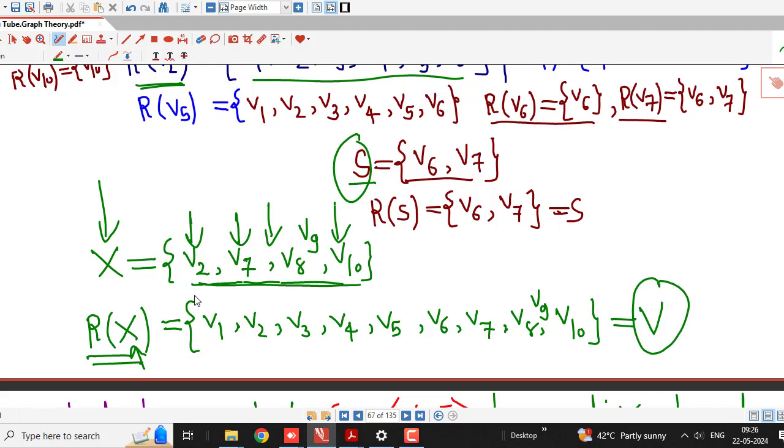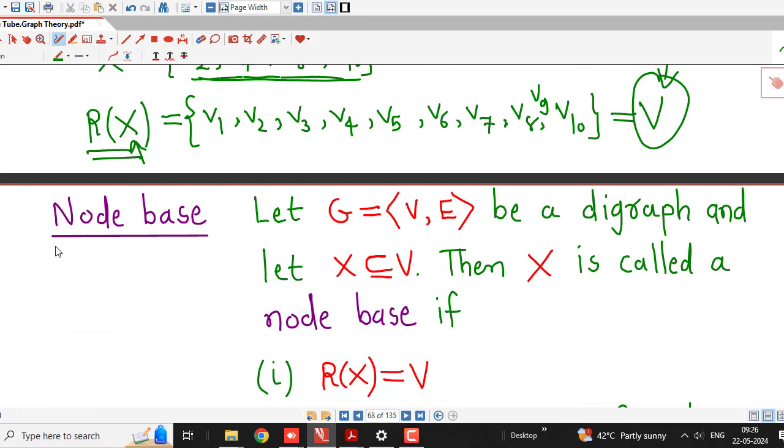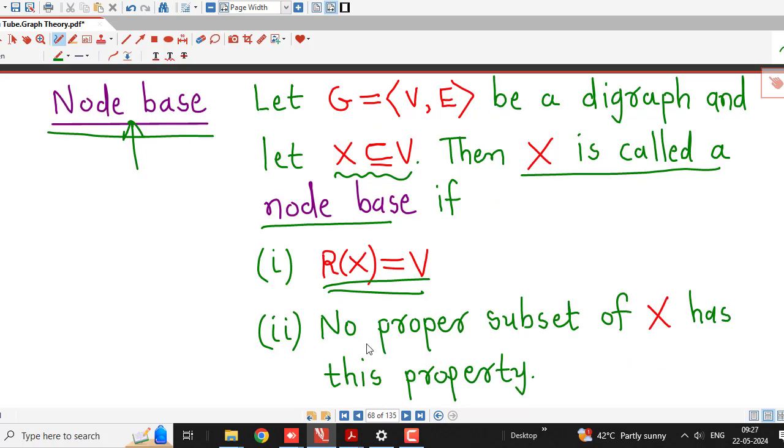So this type of sets whose reachable set is the vertex set of a given graph are given a special name if they satisfy some additional property. That name is node base. What is the definition of node base? Suppose we have a directed graph G and capital X is a subset of vertex set V. Then capital X is called a node base if reachable set of capital X is V and no proper subset of X has this property.